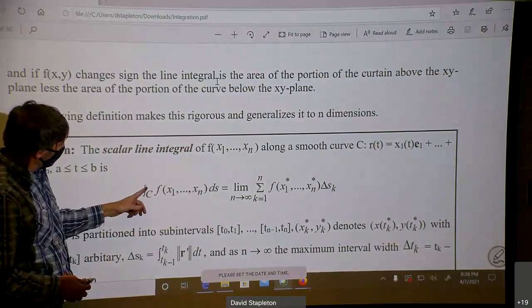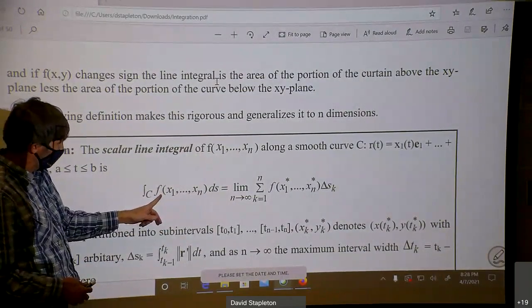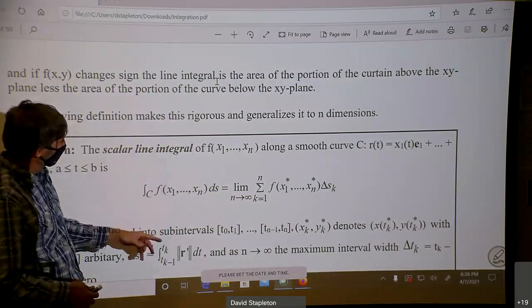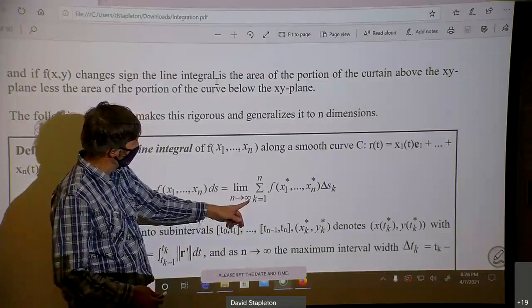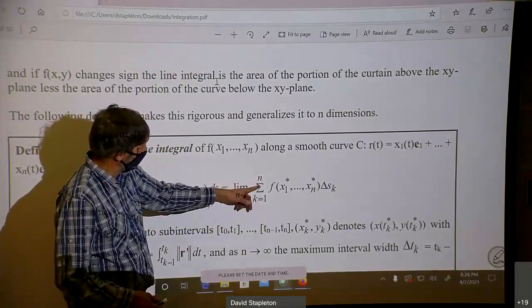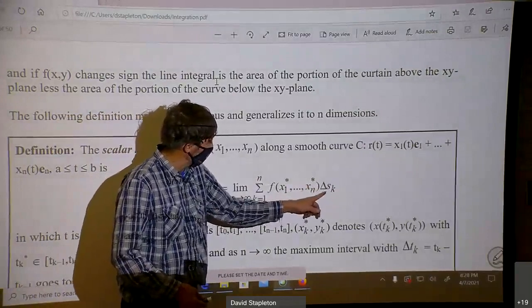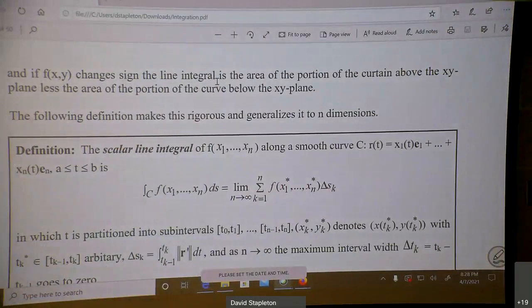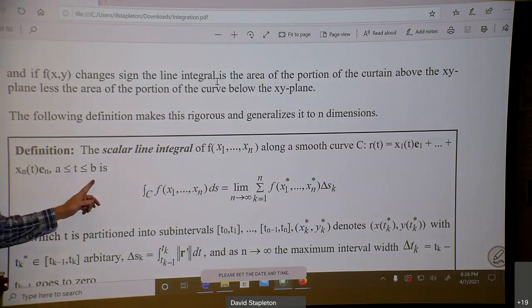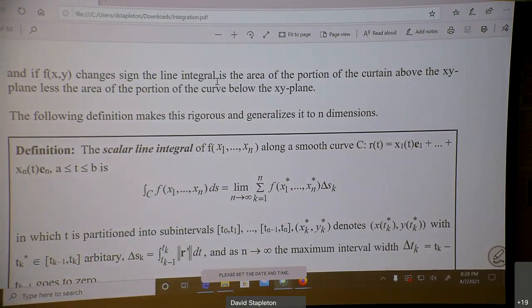For a line integral, it's many variables, because it's in multidimensional space, such as f of x1, x2 in the plane. It is equal to the limit as the number of subintervals goes to infinity of the sum, k equals 1 to n, of rectangles. The base of the rectangle is the length of arc, times the height at some intermediate point. So that's the definition of the definite scalar line integral. That makes sense, sort of? T runs over some interval a to b, and you partition that up and add up all these rectangles.